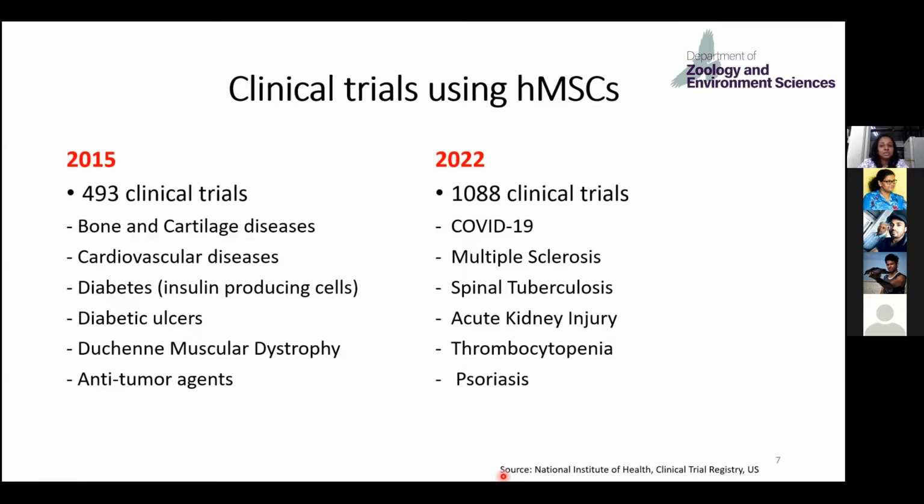But in 2022, just to show you an update, the number of clinical trials has increased. The number is 1,088, and their priority now is to treat COVID-19 using human mesenchymal stem cells. And the range of the diseases has also changed with time.